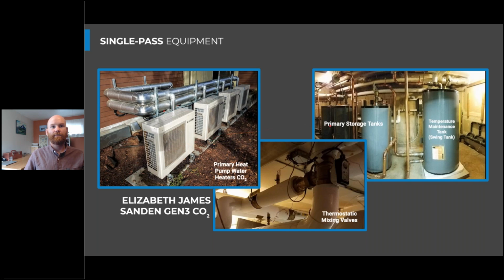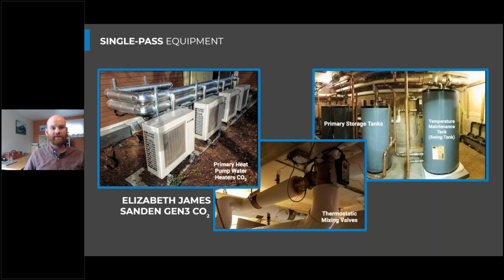And because this building has a relatively small distribution network, and the piping's relatively well insulated for its age, we can actually offset about 90 to 95% of those temperature maintenance losses with the primary energy that we're transferring over. So really a highly efficient system because we're preventing these electric resistance instantaneous heaters from running with this swing tank design approach.